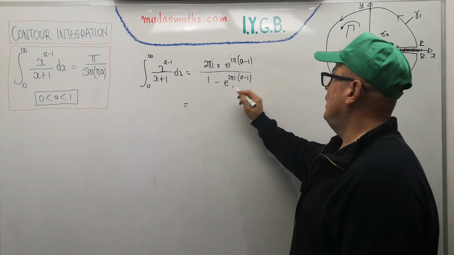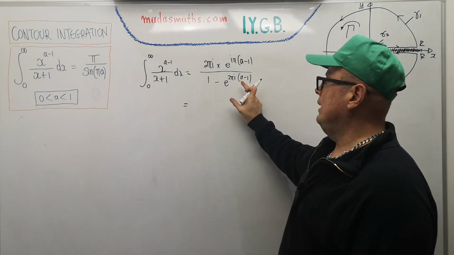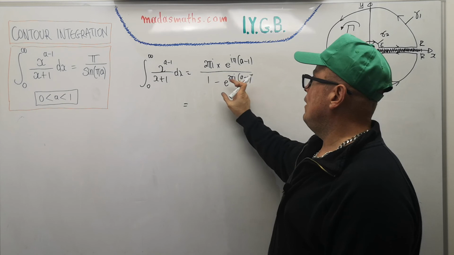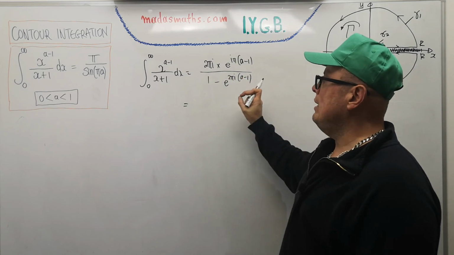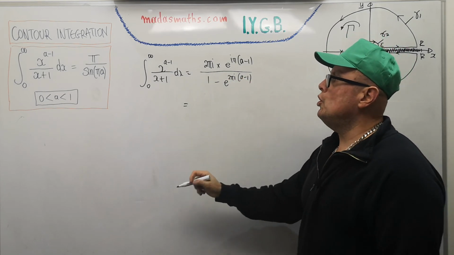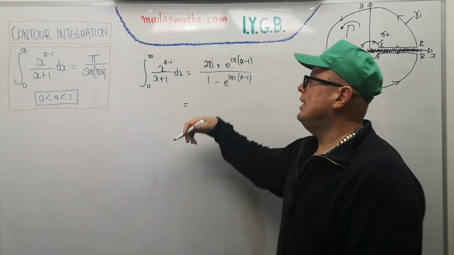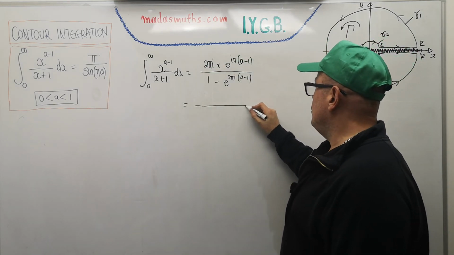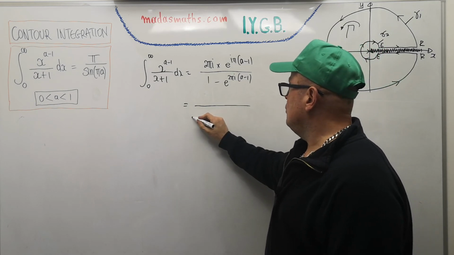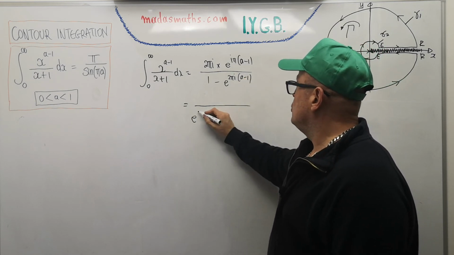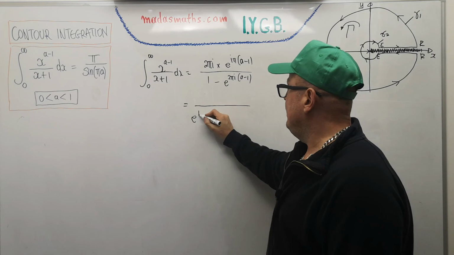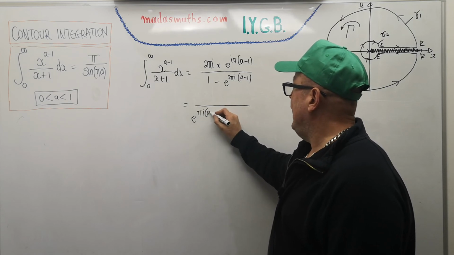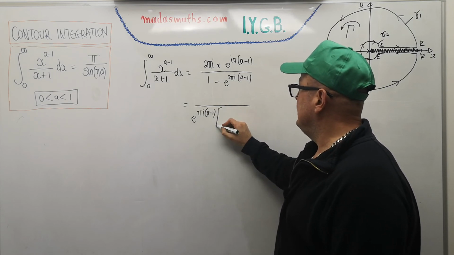So here we're going to create a sinh at the bottom by factorizing a quantity, and the sinh of a complex quantity will go into a sine eventually, and everything should hopefully cancel. So if we write it as follows: factorize e to the pi i (a minus 1) on your denominator.